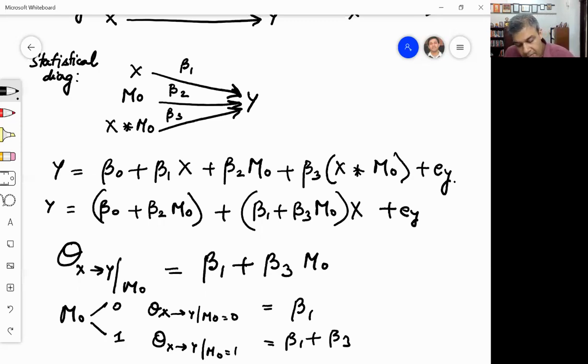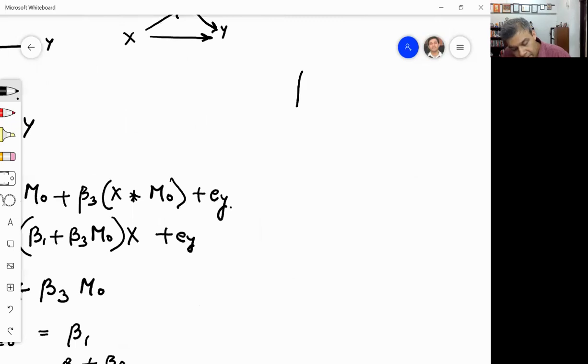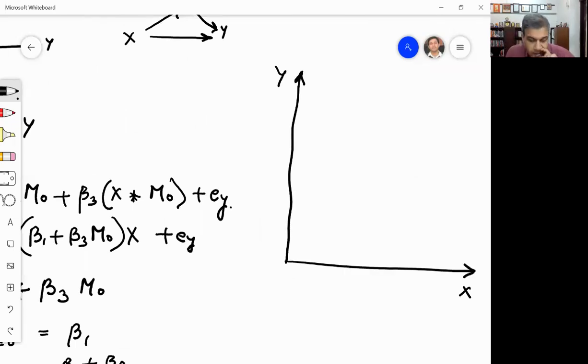So what happens in a moderation model, if you were to plot the relationship between X and Y, you will see that you get different lines.